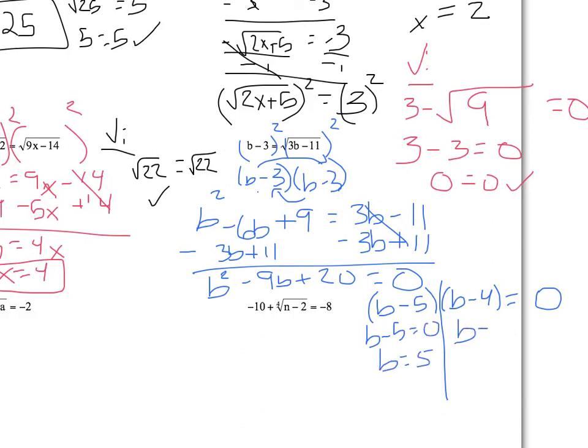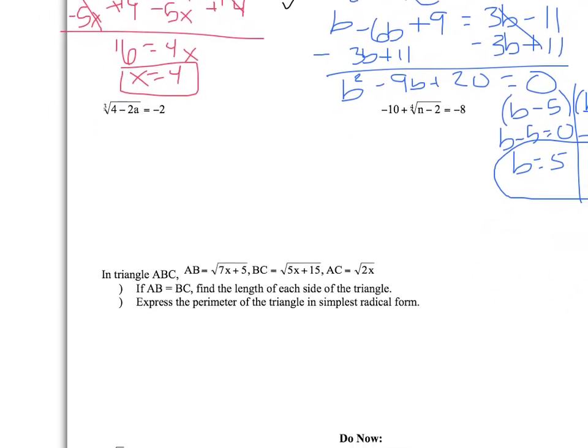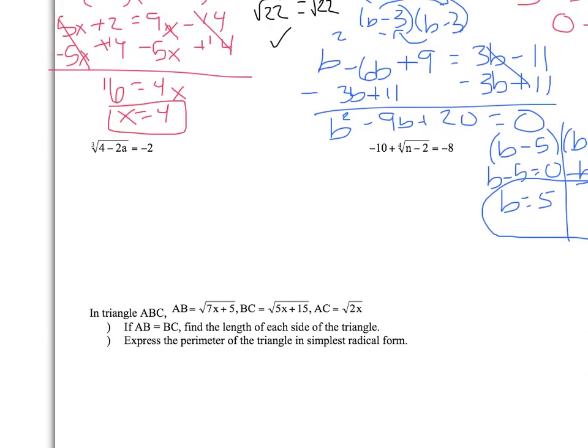Adding the 4, b equals 4. We do need to check that they both work. Just to save time and space, I am going to tell you that they do both work. So b equals 5, b equals 4 are our final answers there. Trust me, sometimes these problems do not work though, so it's always important that you check to make sure they do. Because if they don't, you need to cross them out.